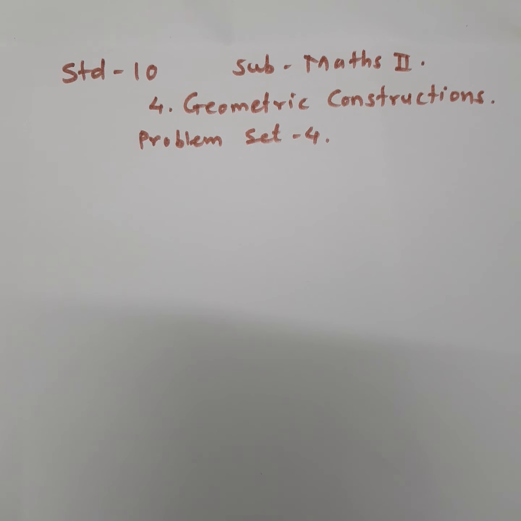Now we are going to learn the constructions of similar triangles. Earlier we have already learned this type of construction, but today we are going to construct similar triangles from examples 7 and 8 from problem set 4.